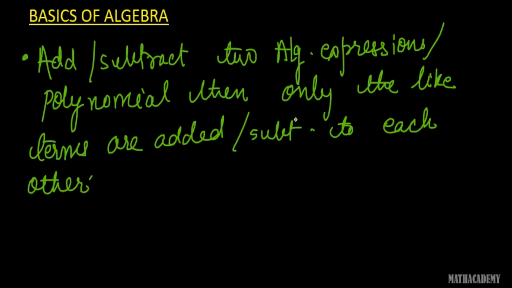Let us see what it means. Whenever we have to add or subtract two algebraic expressions or polynomials, then only the like terms are added or subtracted to each other. Now let us see an example.